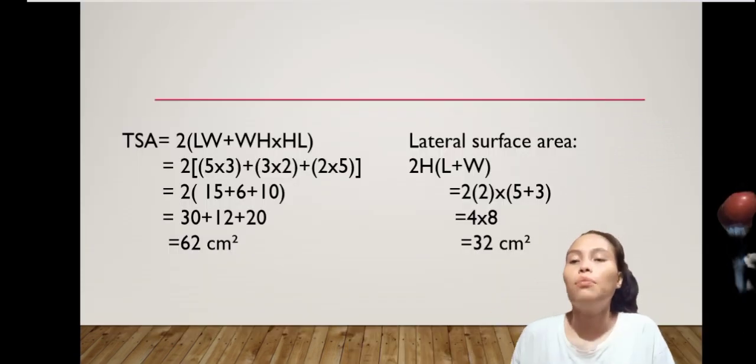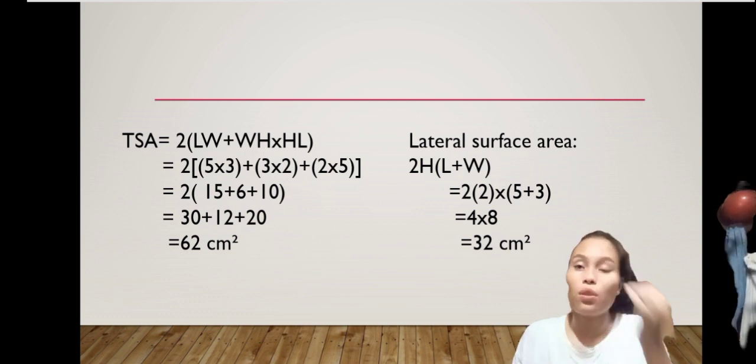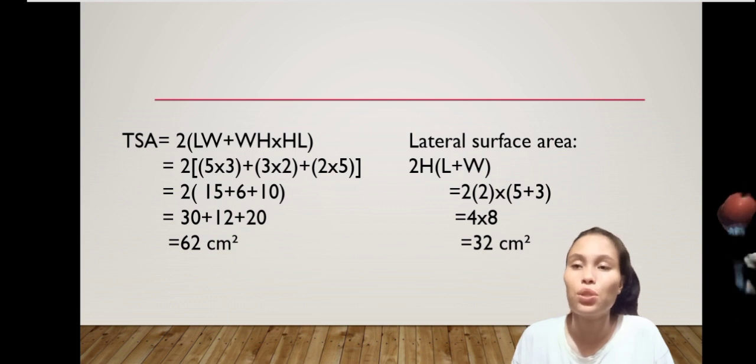Then here is the solution using the formula. Total surface area equals 2 times (length times width plus width times height plus height times length). We just need to substitute. So 2 times (5 times 3 plus 3 times 2 plus 2 times 5).